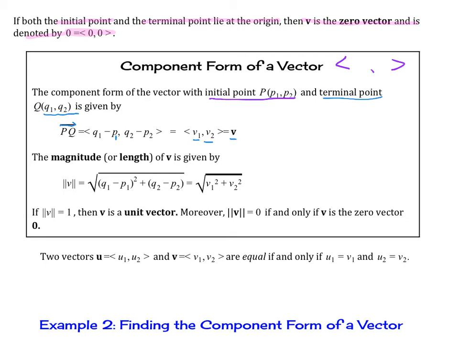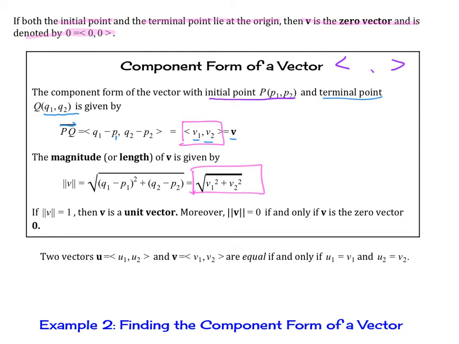The magnitude or length of V is given by the square root, it's the distance formula again, of Q1 minus P1 squared plus Q2 minus P2 squared. What we're going to use most often is this: once we have it in component form, you just square both, add them together, and then square root, and that gives you the magnitude.